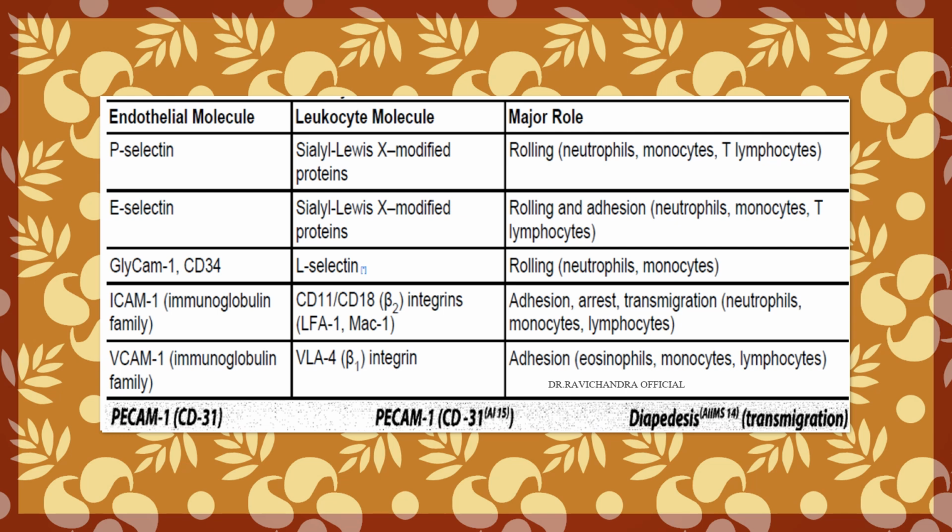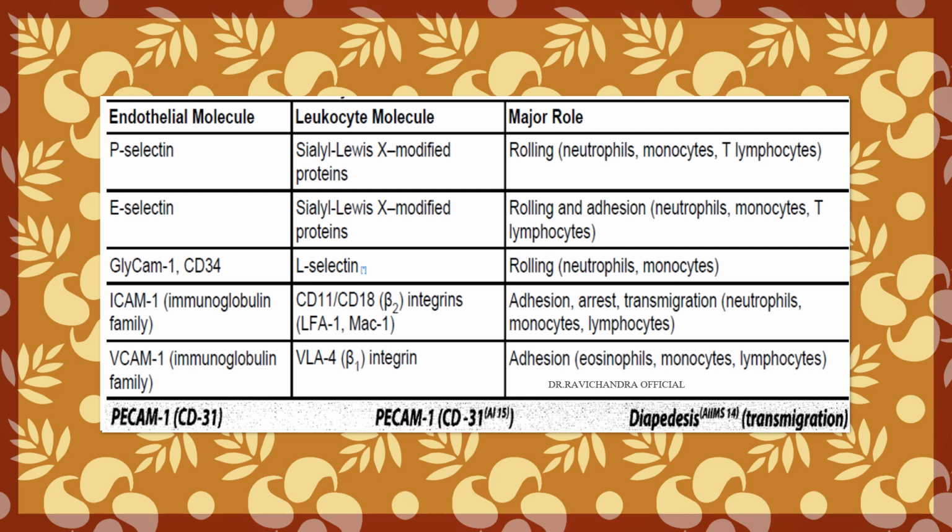So P-selectin is a platelet selectin. It will combine with sialyl Lewis X modified protein, helping in rolling of the leukocytes, mainly neutrophils, monocytes, and T lymphocytes.